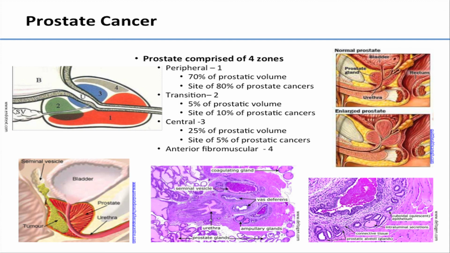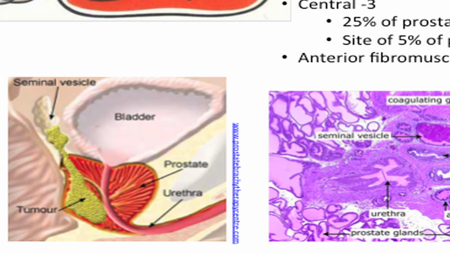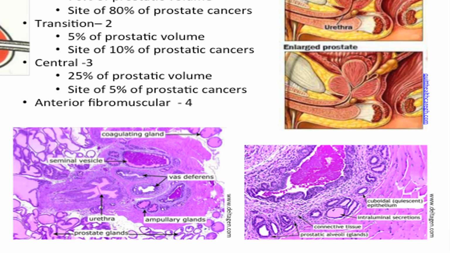It's this peripheral, transition, central, and then this fibromuscular zone, which doesn't seem to have any issues with cancer. You can see it sits where, if it becomes large, you can have bladder issues, as well as the seminal vesicle can be infected or become tumorous as well.